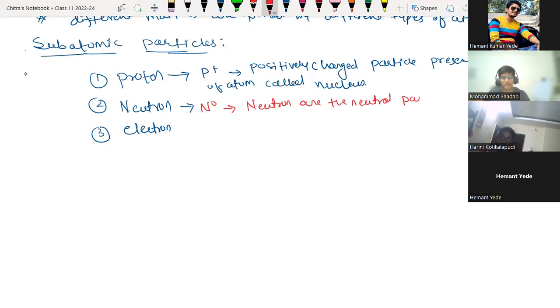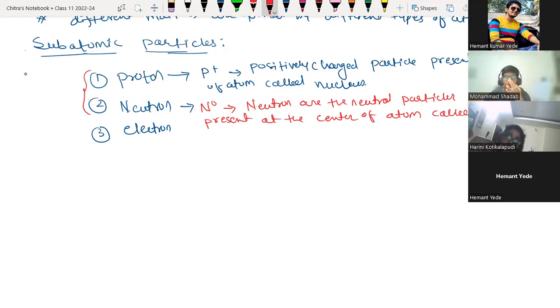Neutrons are also present along with protons at the center of the atom, called the nucleus. And one more thing: protons and neutrons are present at the center of the atom called the nucleus, hence they are also named nucleons.